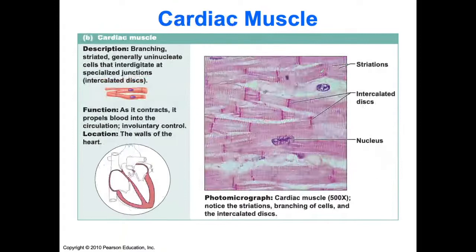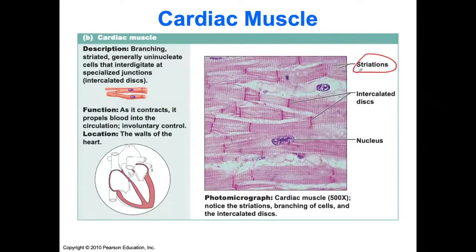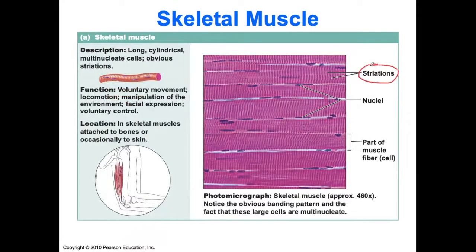Skeletal muscle and cardiac muscle, both of these, when we look at them, have striations, so it's called striated muscle. Skeletal muscle cells are multinucleated with obvious striations, meaning when the light passes through the protein fibers of muscle, actin and myosin, it gives it this light and dark appearance, light and dark, light and dark, and it gives it a very striated appearance.